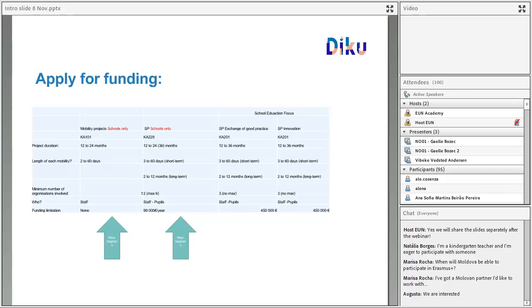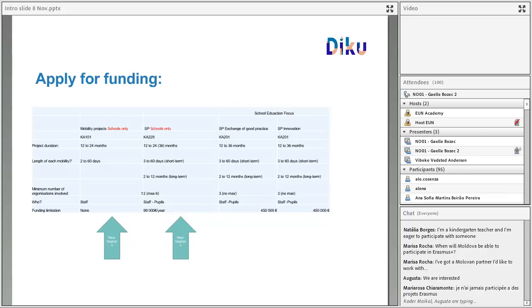It's for schools only, and it's for staff. The project duration is 12 to 14 months, and what you do is send people abroad. You apply just for your institution. You don't need to mention any other institution at the time of application.